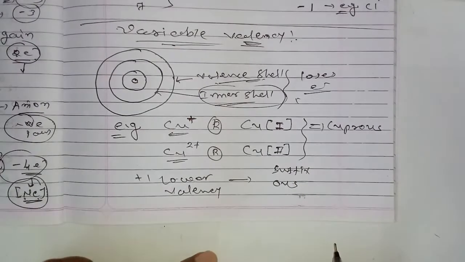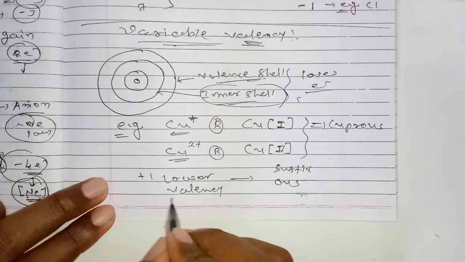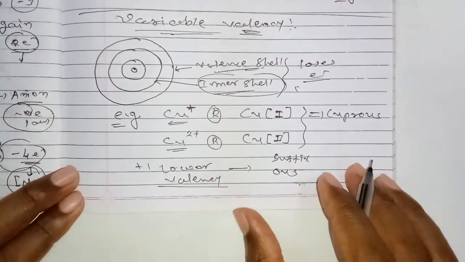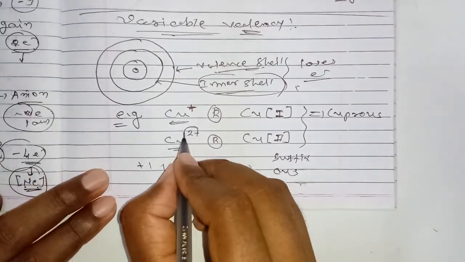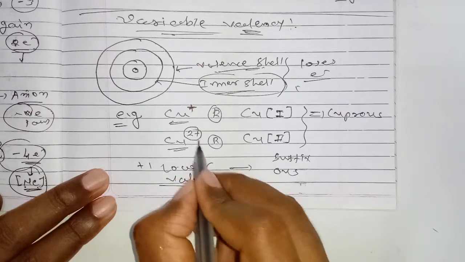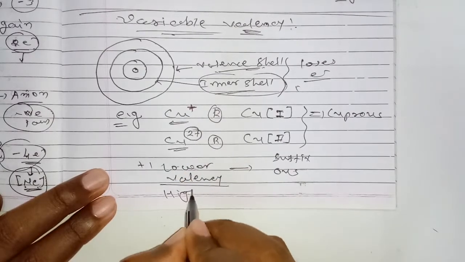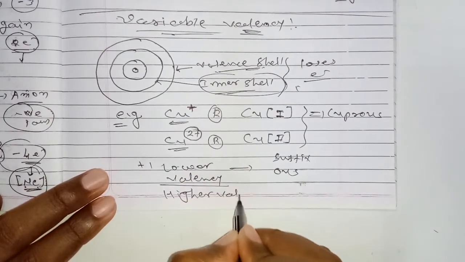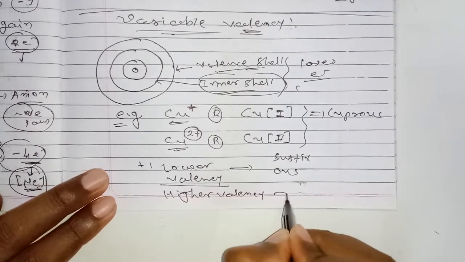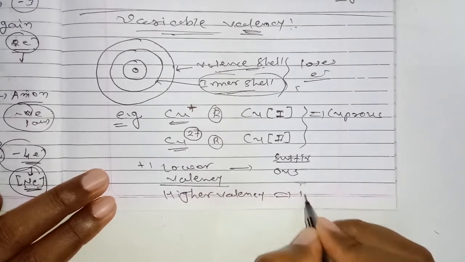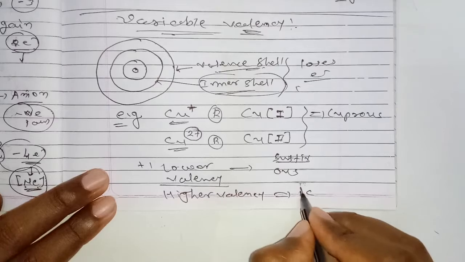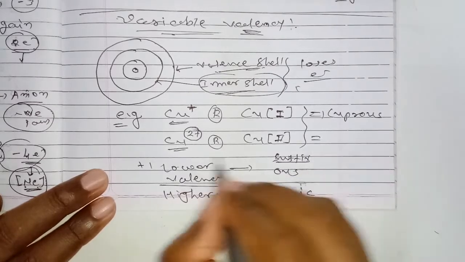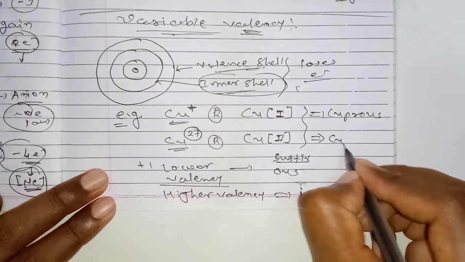Whenever it is the higher valency, here plus 2, its suffix will be IC, so it is called the cupric ion.